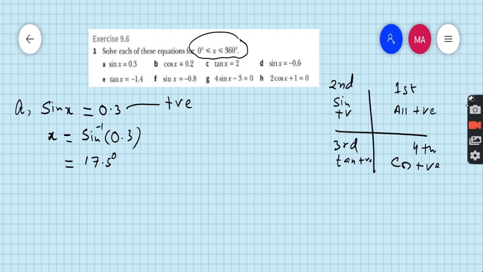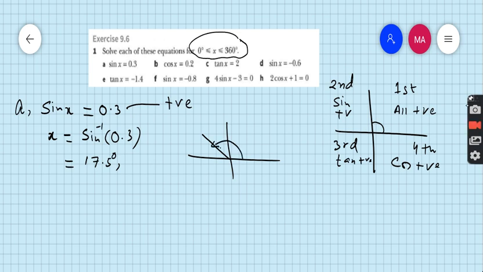In the first quadrant, all trigonometric functions are positive, and the first quadrant is from 0 to 90 degrees. So our value from the calculator, 17.5 degrees, lies in the first quadrant. But because sine is positive in the second quadrant as well, we have to find the value in the second quadrant too.